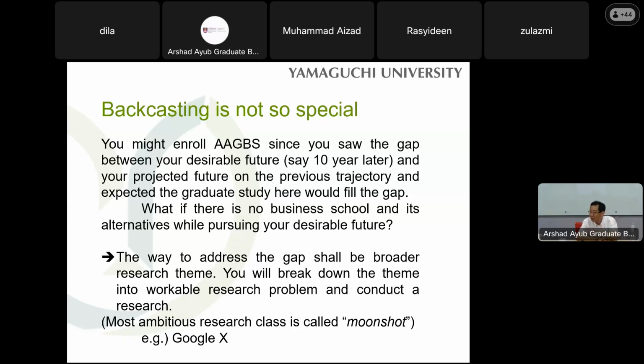Some may not agree with their desirable future. Let's say, how do you think if Google thinks the desirable world is the world where robot or AI direct the human?